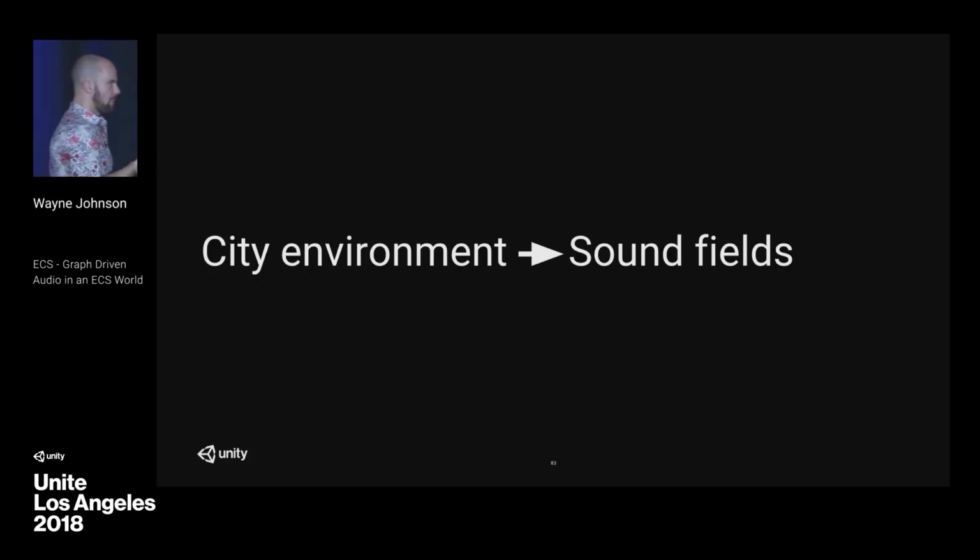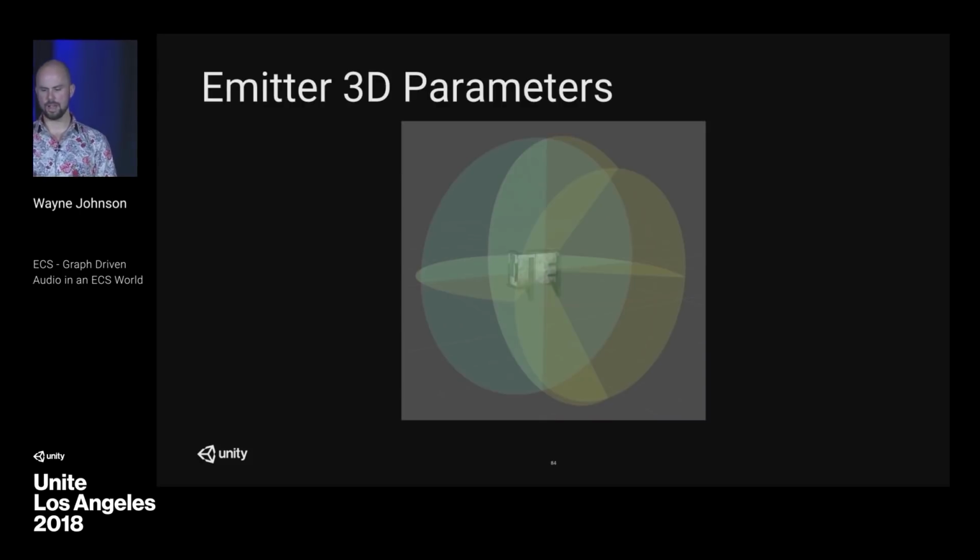So the city environments used these sound fields, as I was describing before. They had a whole bunch of interesting 3D properties, like roll-off distances based on how far you are from the entity, and cone angles for directionality. We actually have a cone system now for directing sound and spreading it out.